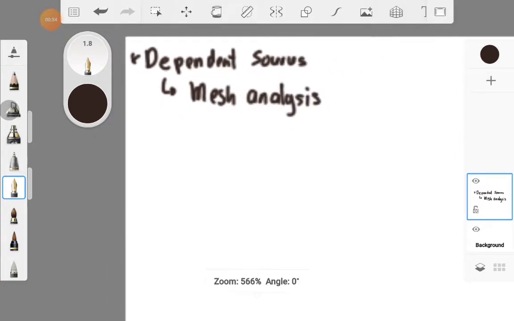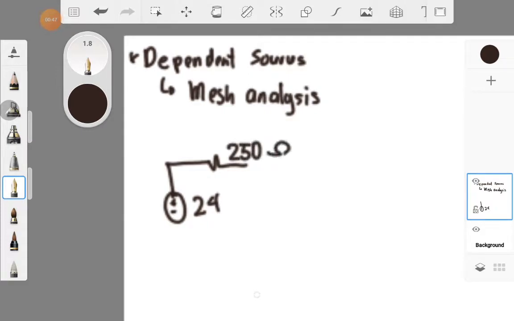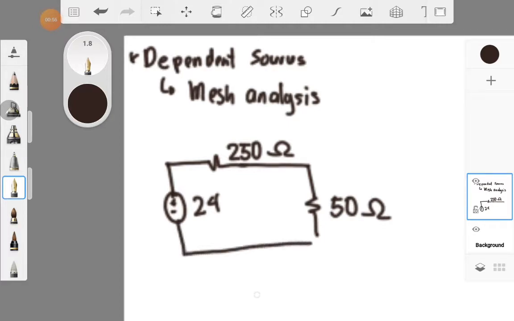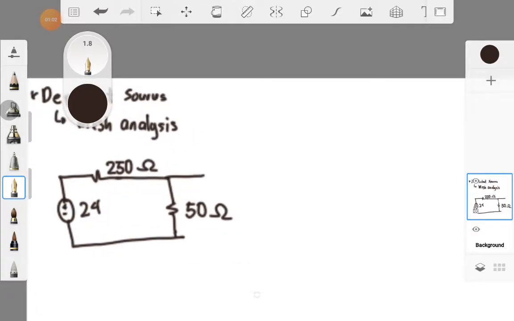So let's have a circuit which is 24 volts connected to a 250 ohm resistor, to then another 50 ohm resistor and a dependent voltage source, which is a current dependent voltage source.